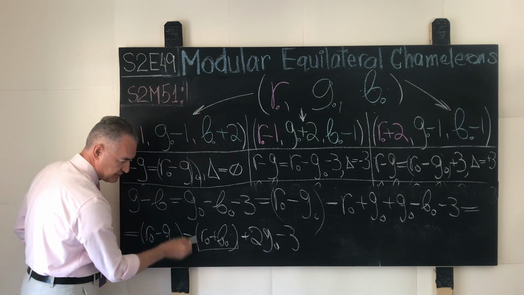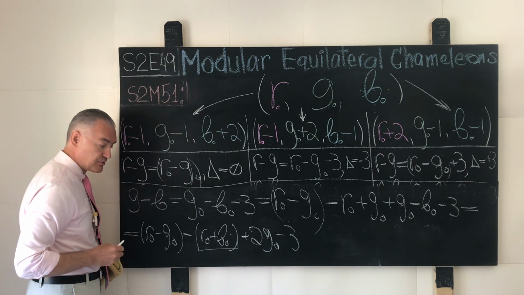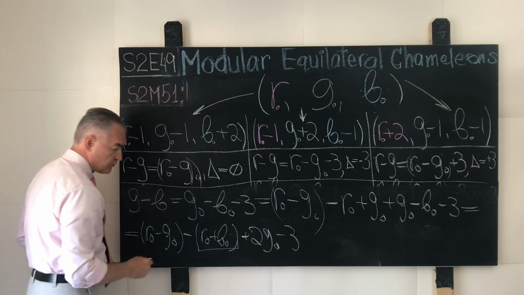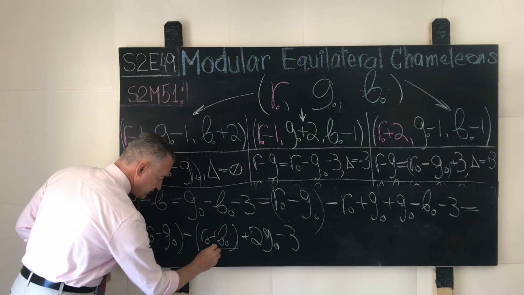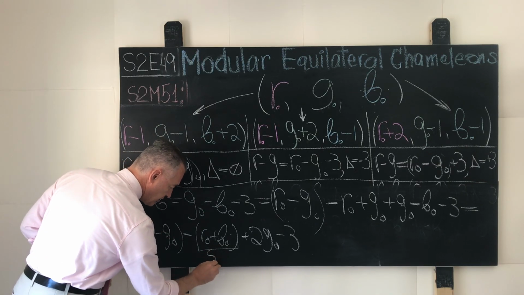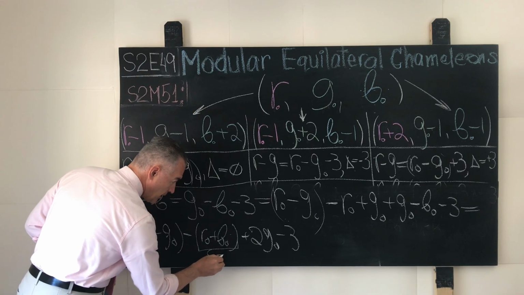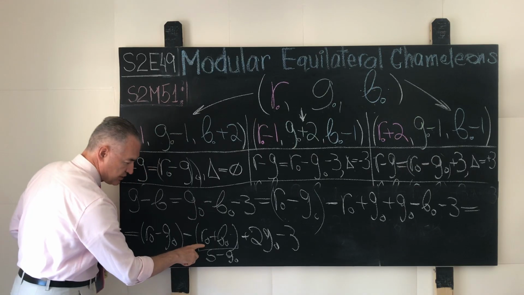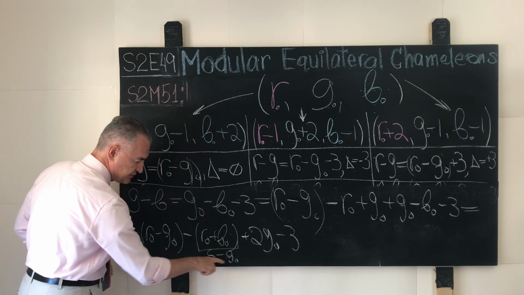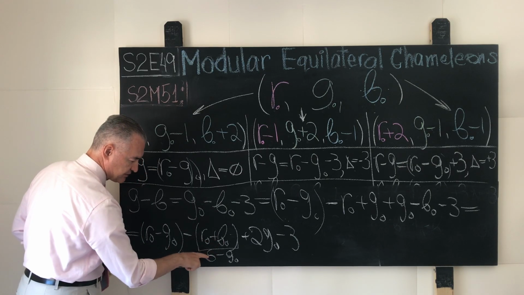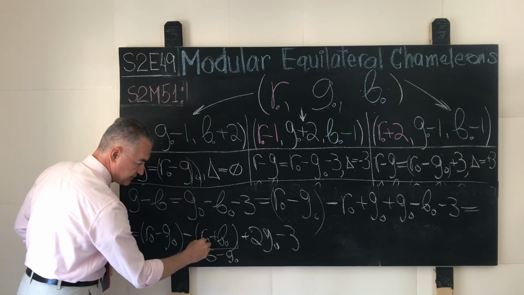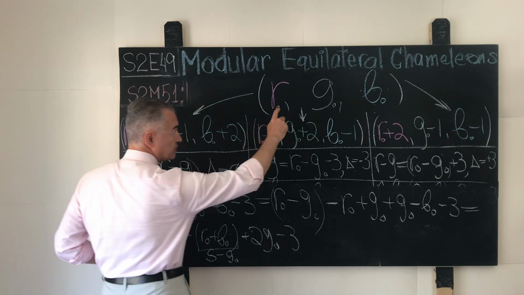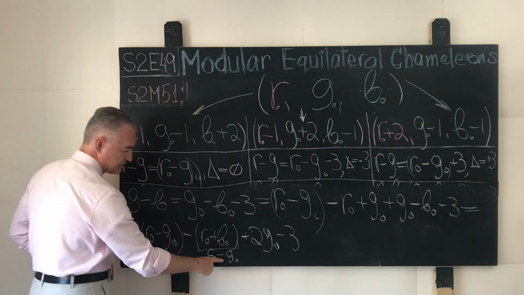But now you already see what's coming. What is this? R0 plus B0. Well, by virtue of one of our invariants, this will be S minus G0, because R0 plus B0 plus G0 is S. So this sum is S, the sum of these three numbers, this is our invariant, R plus G plus B, minus G0.